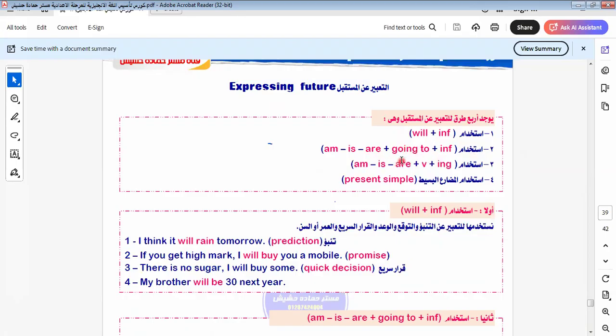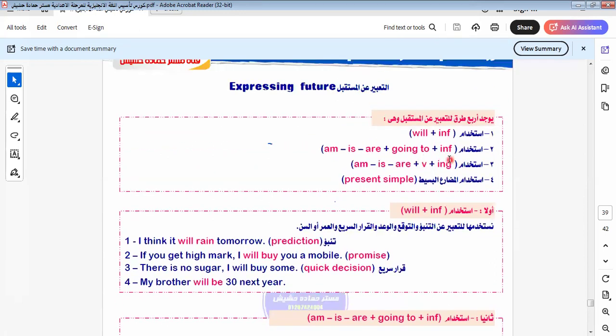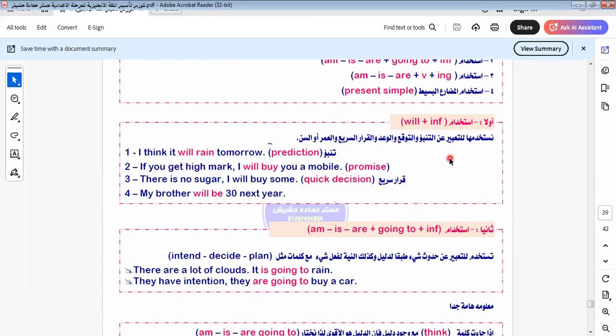He will plus infinitive form. When I express future, we have two ways: by will plus the infinitive form, or by using am, is, are plus going to plus the infinitive form. This is called the continuous tense expressing future.